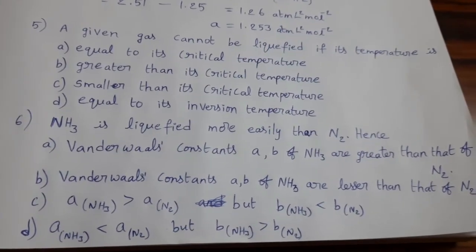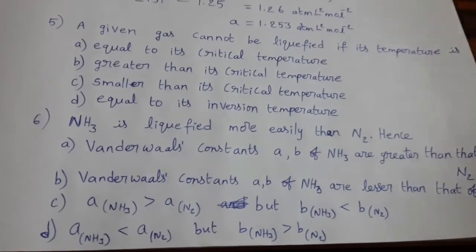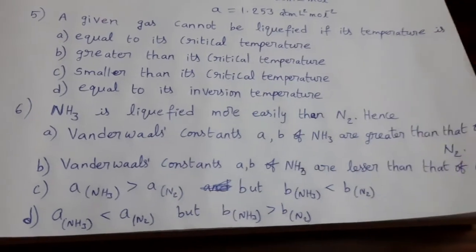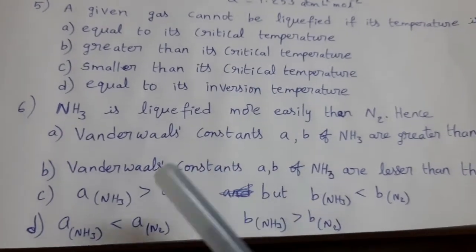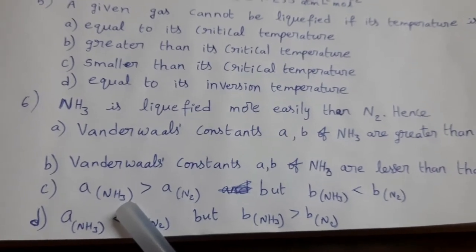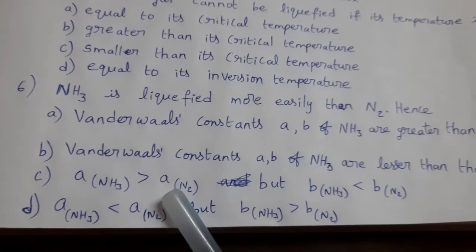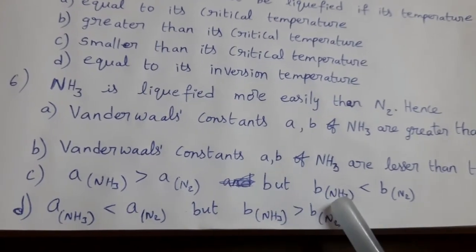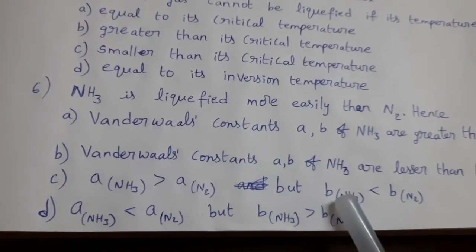From this statement we can say which option. Ammonia is liquefied more easily than N2. Hence, what we can say? A value of ammonia is greater than A value of nitrogen, but B value of ammonia less than B value of nitrogen. A, B are van der Waals constants.